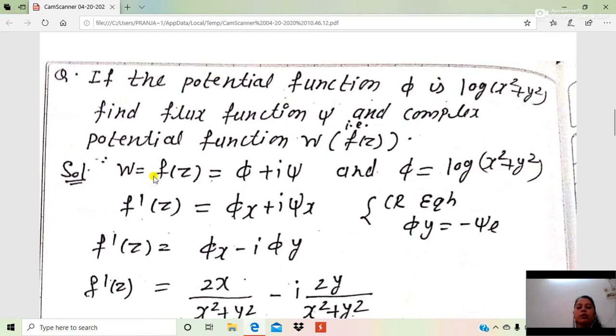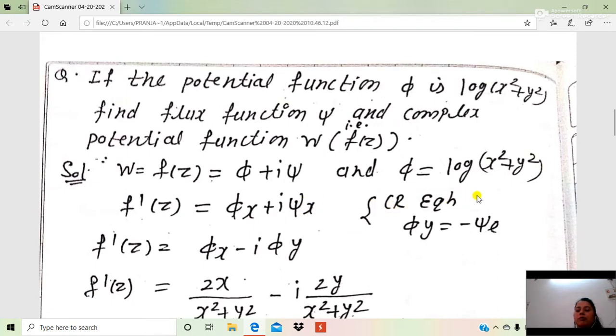So first we are going to find the value of f(z), which is the complex potential. So we know that f dash z is equal to del phi by del x plus i del psi by del x, but we have only the value of phi, so we use the CR equation to replace this psi x.